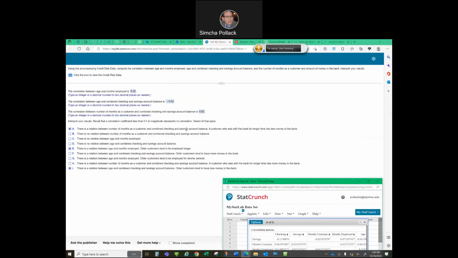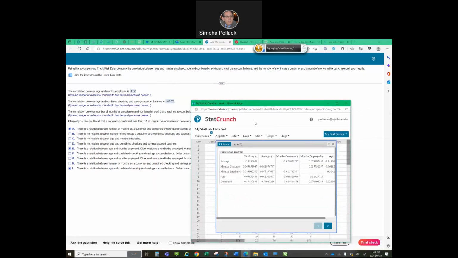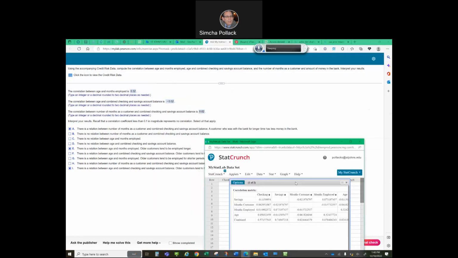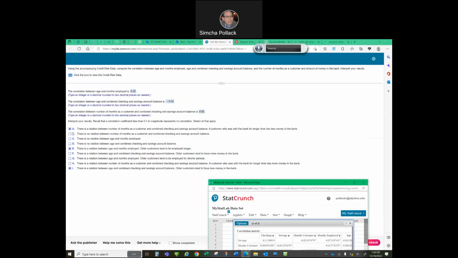Right. Anything less than 0.1 is not significant, but really we should do it by the p-value, but we don't do that for this example. There is a relationship between number of months as a customer and combined increases.